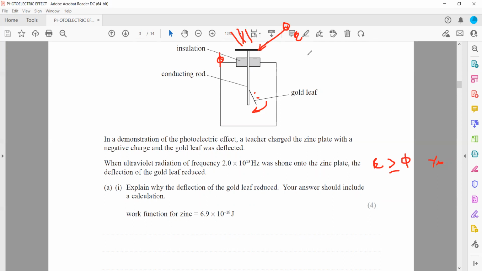So here the energy of the incident photon is equal to hf, where h is Planck's constant, a fixed value 6.63 into 10 power minus 34, multiplied by the frequency, which is 2 into 10 power 15 hertz.